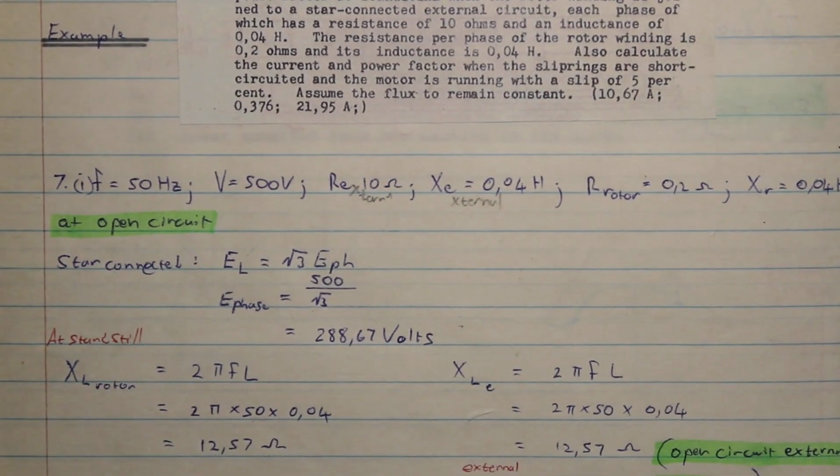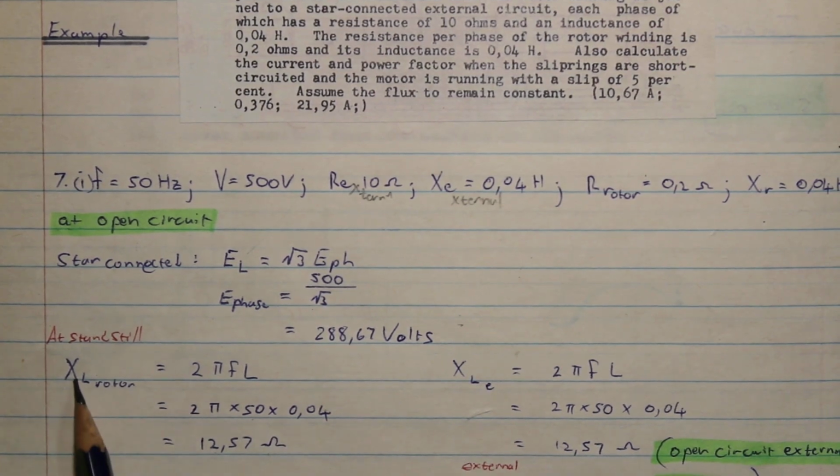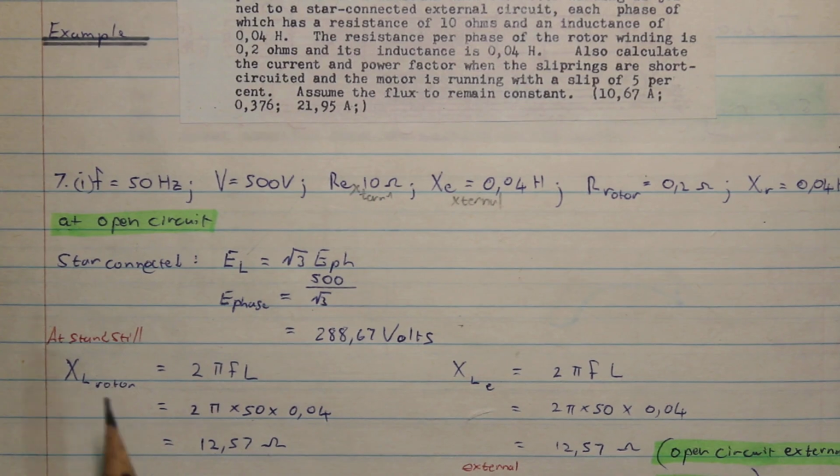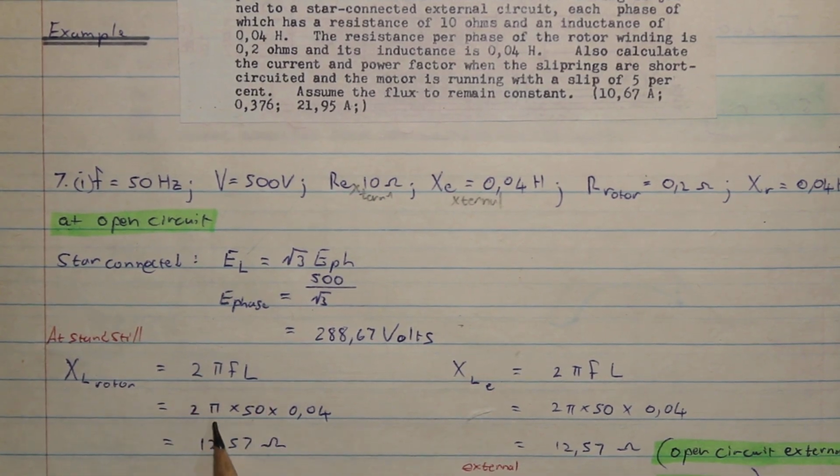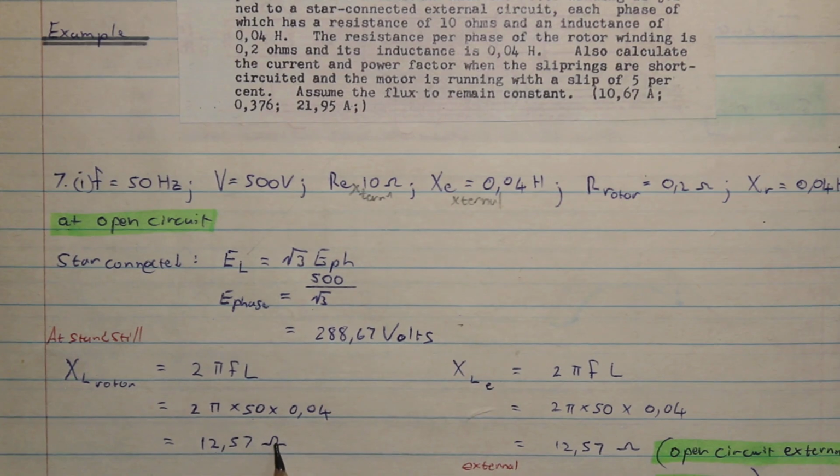Then they gave us the inductance of the rotor coil, the rotor winding, and they gave us the inductance of the external resistor. And it's the same inductance for both. So the inductive reactance of the rotor we calculate by using 2 pi f L. So 2 times pi times 50 hertz times the inductance, and we get 12.57 ohms.